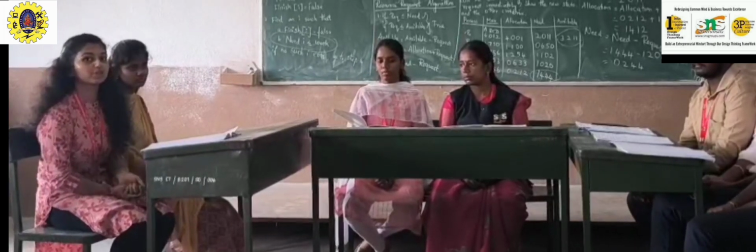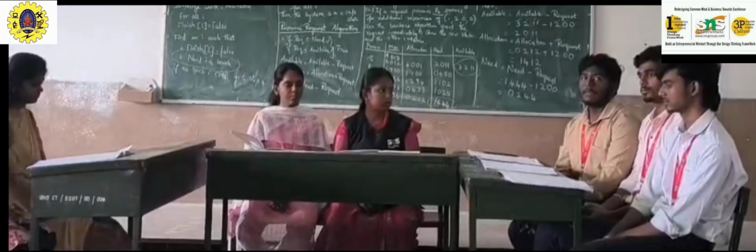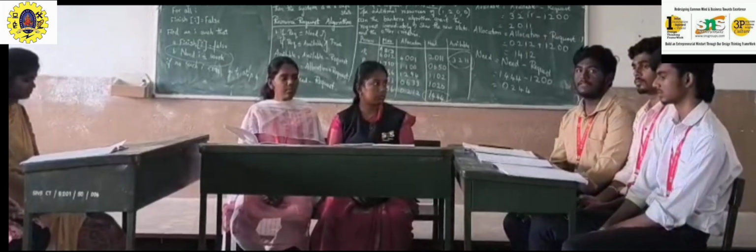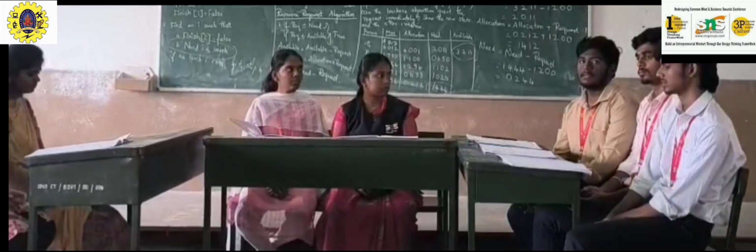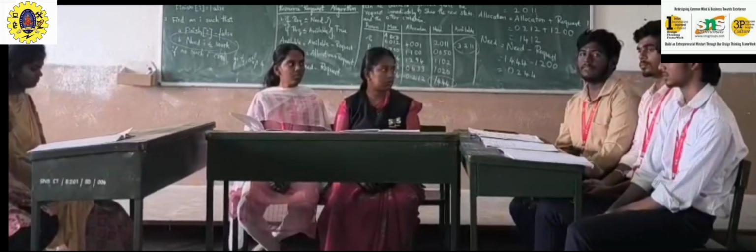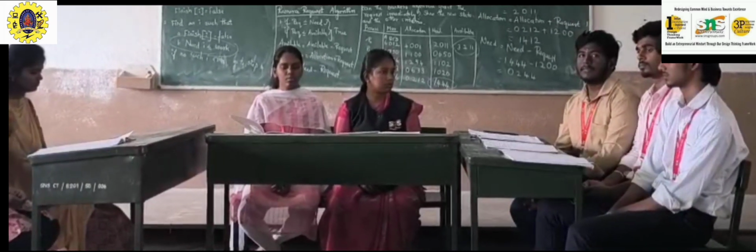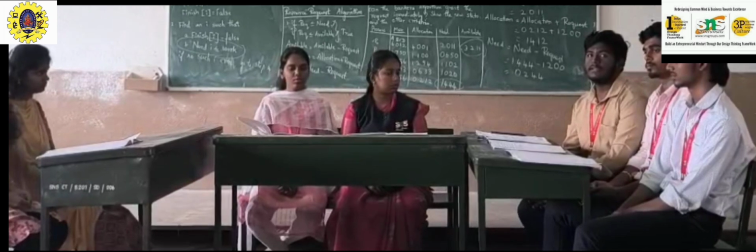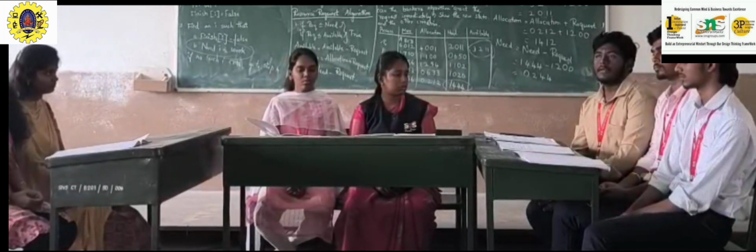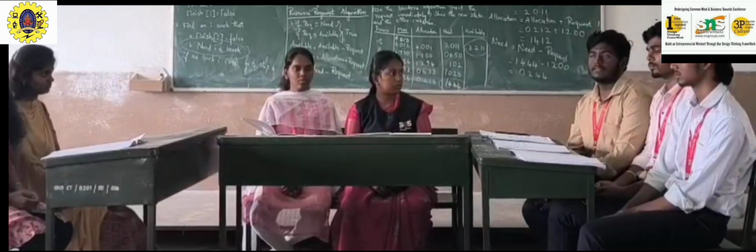Thank you. Myself Gopinath, I am going to explain shortest job first, SJF. Concept: process with the shortest burst time runs first. Mechanism: preemptive or non-preemptive. Advantage: minimizes average waiting time. Disadvantage: needs extra burst time information, and there is a starvation risk.